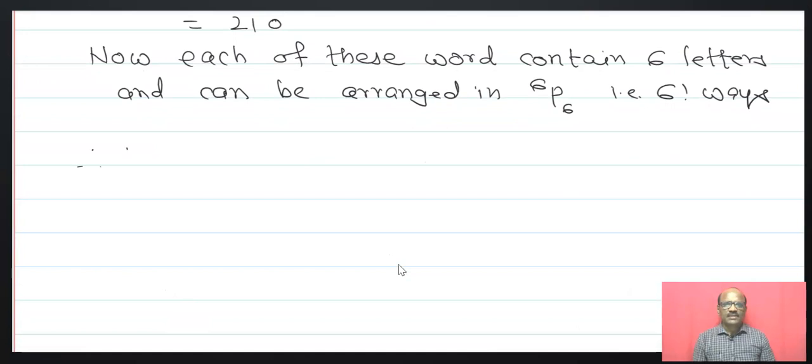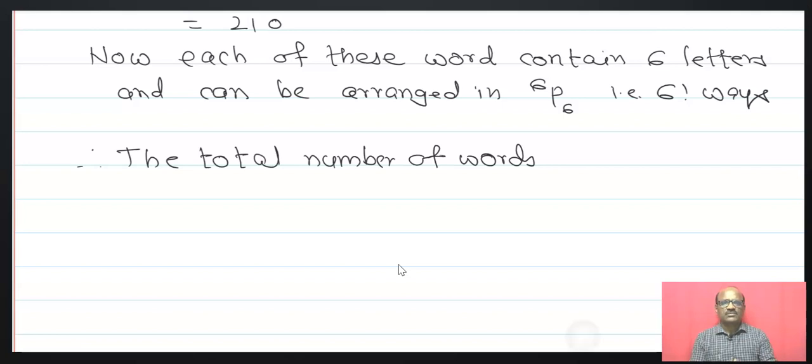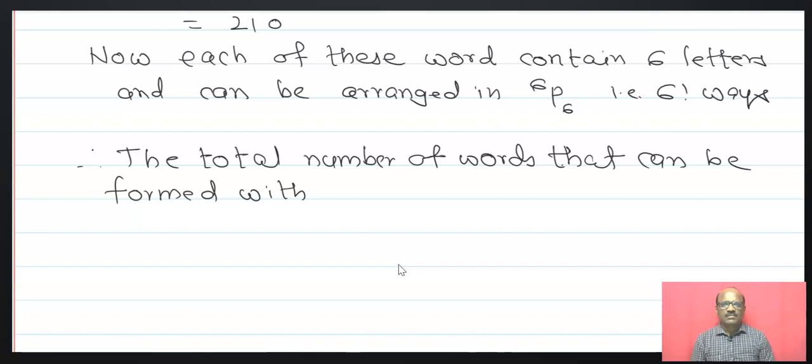Therefore, the total number of words that can be formed is equals to 210 into 6 factorial.